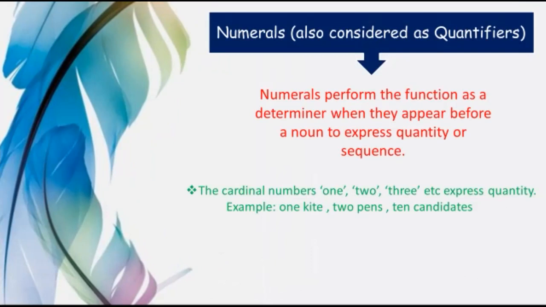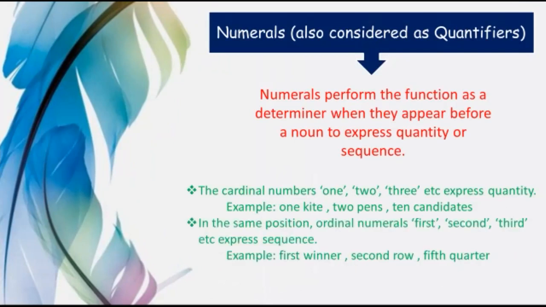Example, one kite, two pens, 10 candidates, etc. In the same position, ordinal numbers, first, second, third, etc. express sequence. For example, first winner, second row, fifth quarter, etc.